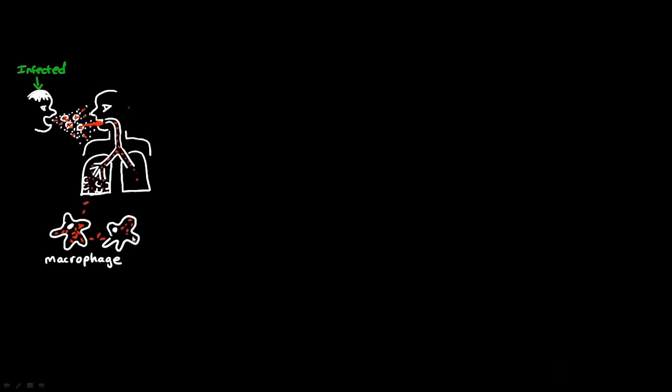lung that are infected. When these macrophages then come together and lung destruction occurs in the mixture of this, they end up forming a particular kind of lesion in the lung called a granuloma.